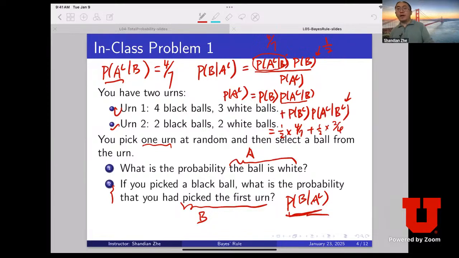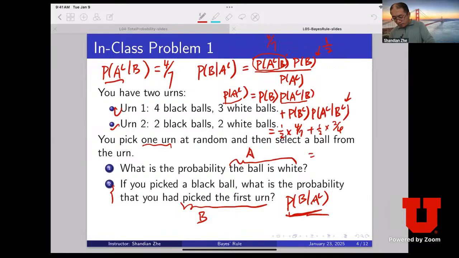Then you just add them together, and you get the marginal probability of A complement. Maybe I'll write it down.